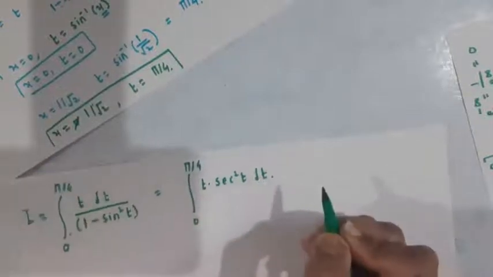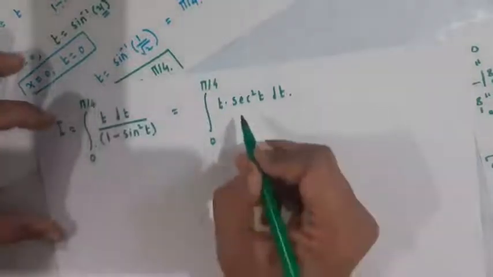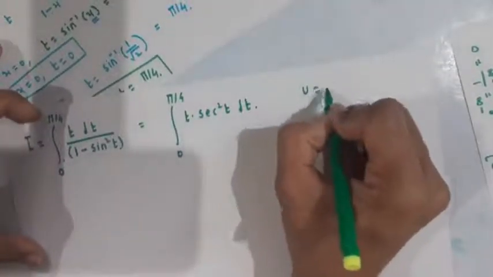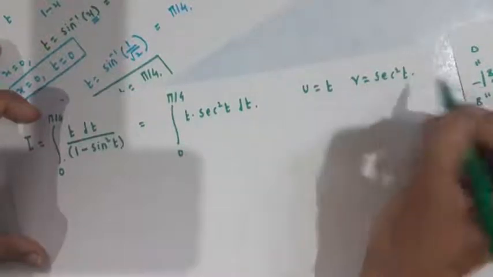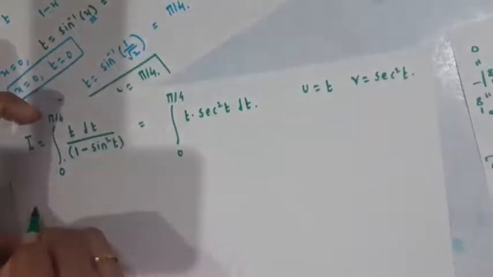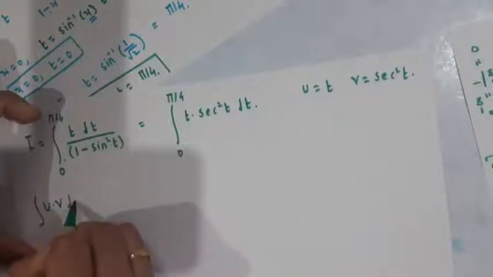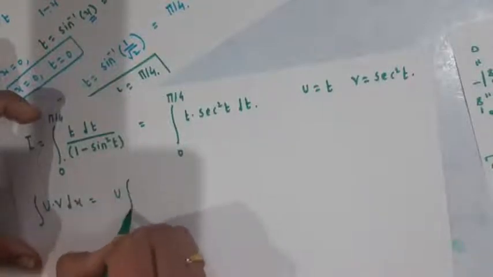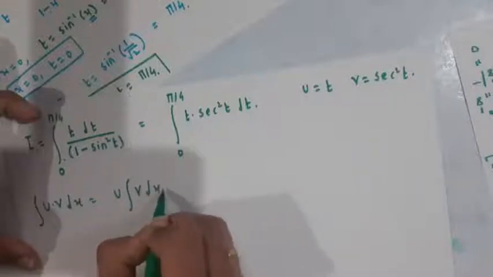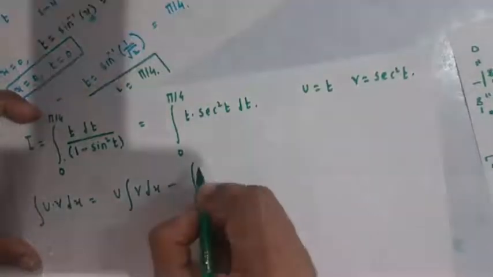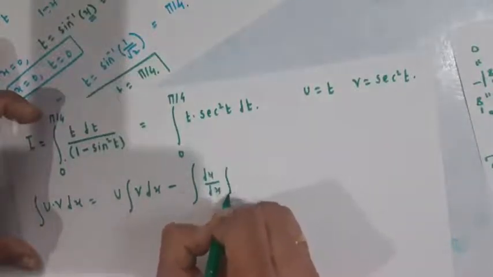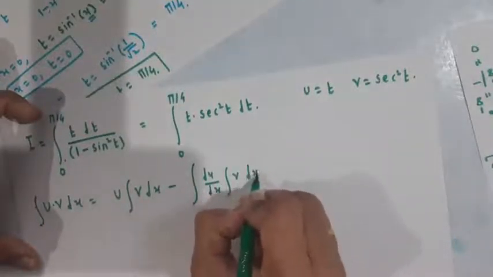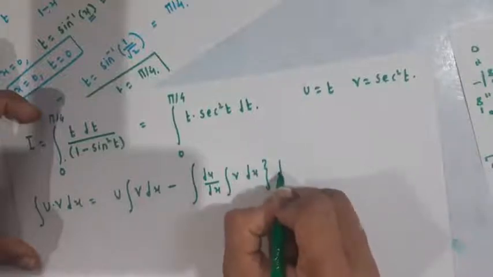Again, by using the u into v rule, we have to solve. Therefore here u equals t and v equals sec square t. The u into v rule says: integration of u into v with respect to x equals u times integration of v with respect to x, minus integration of the differentiation of u with respect to x times integration of v with respect to x, whole with respect to x.